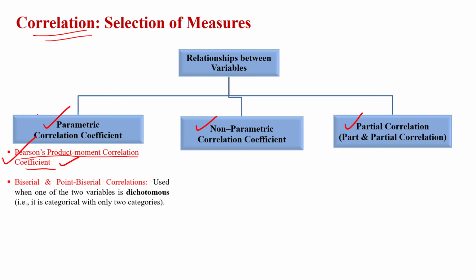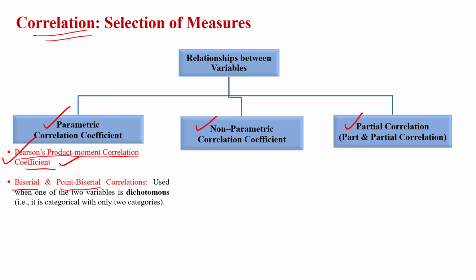There are two other techniques as well in the parametric correlation coefficient. One is biserial correlation, another is called point biserial, because both of them depend upon the Pearson correlation coefficient. For that, one variable must be quantitative and follow the normal distribution.